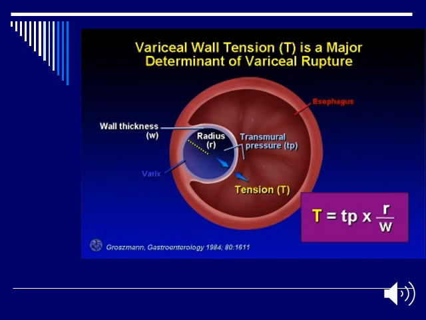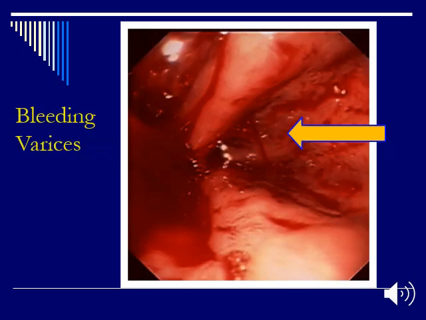As we said, the tension in a physical equation, as you can see here, the variceal wall tension is the major determinant of variceal rupture and depends on the pressure and radius and the wall thickness. If it bleeds, it will bleed like this.